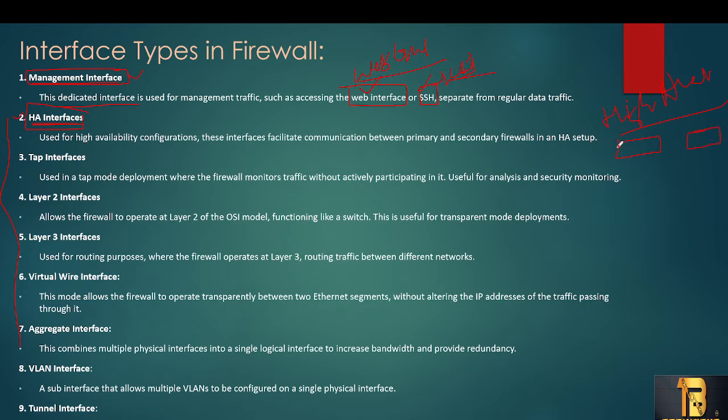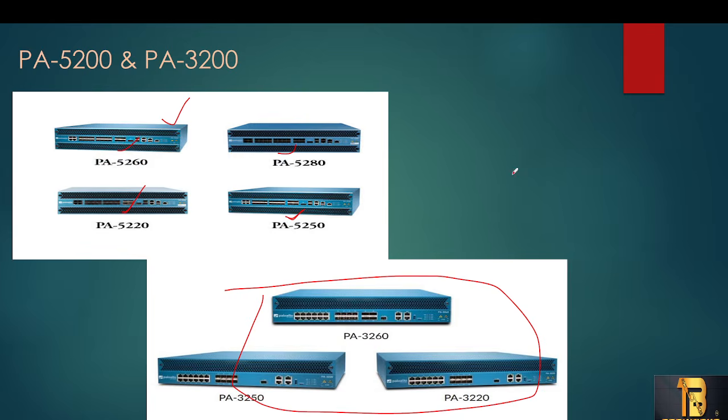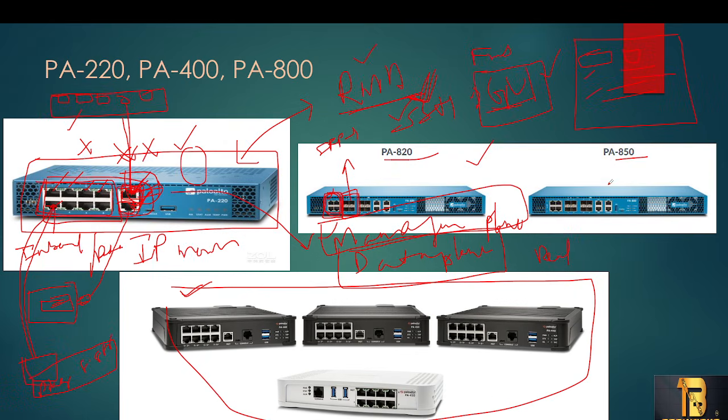To form a high availability pair, we need separate interfaces. We have two interfaces: HA1, high availability interface one, and HA2, high availability interface two. Some firewalls have dedicated HA interfaces. If I show you here, these are the management and console ports, one port is management and one port is console.